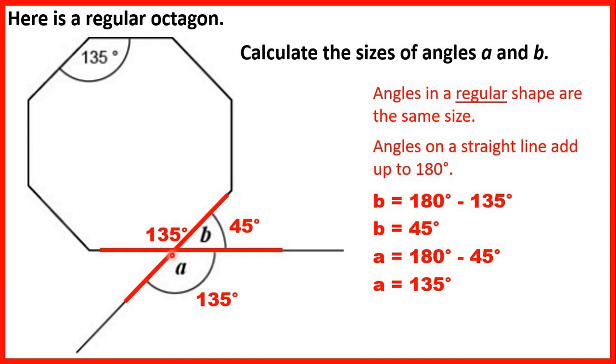Or we could use vertically opposite angles. So when we have straight lines that cross, the angles on opposite sides are always the same size. So because we know that this angle here is 135, we know that angle A must be the same because it's opposite.